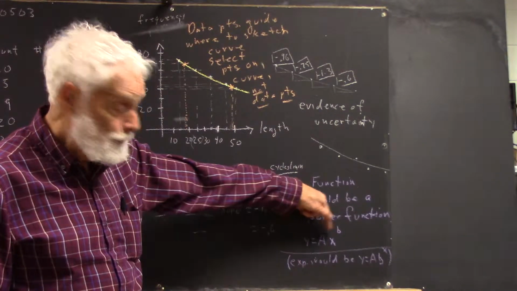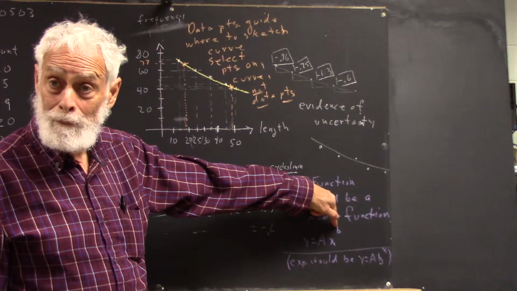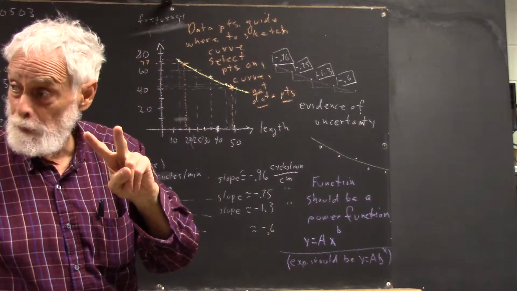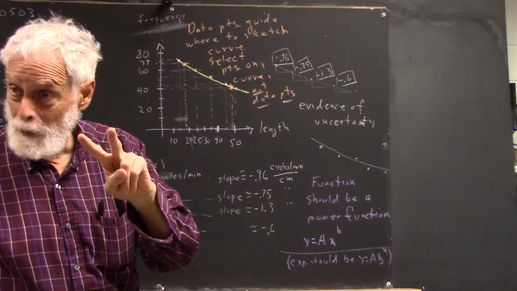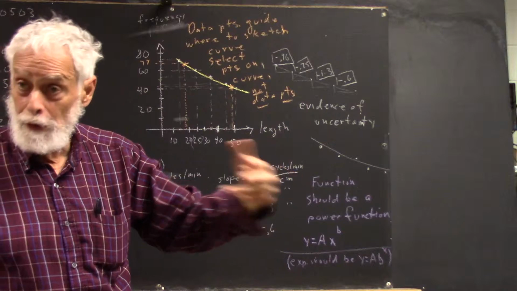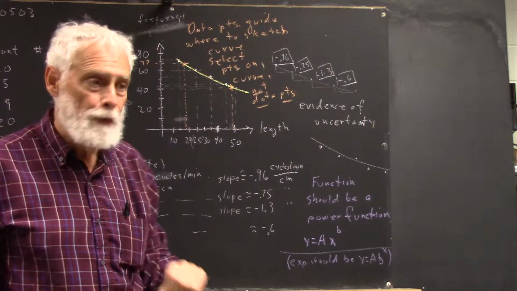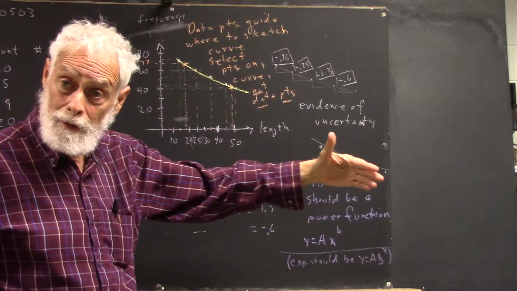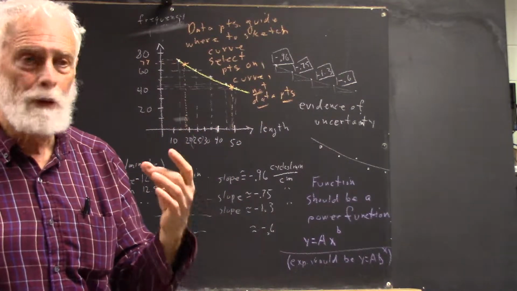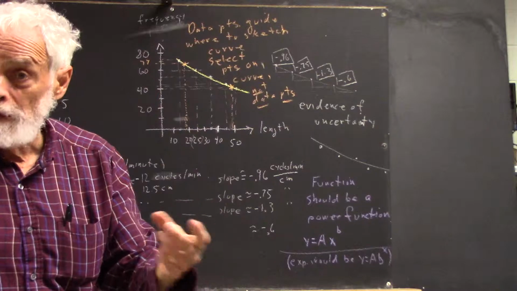You gotta know what A is and you gotta know what B is, right? So you gotta have 2 equations that you solve as simultaneous equations. You get 1 equation from each point, so you need 2 points. If this was a quadratic, you'd need 3 points because you have 3 parameters: ax squared plus bx plus c, you have A, B, and C.